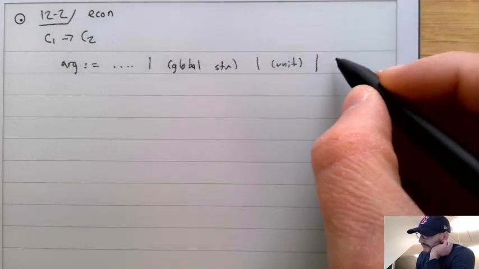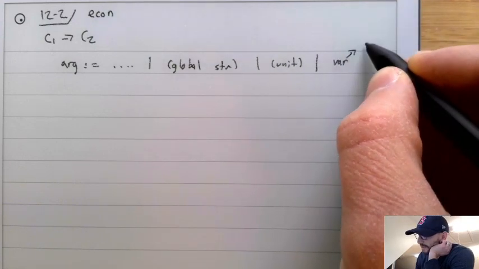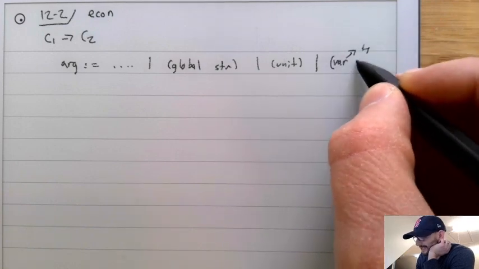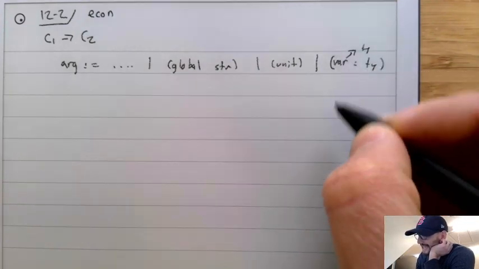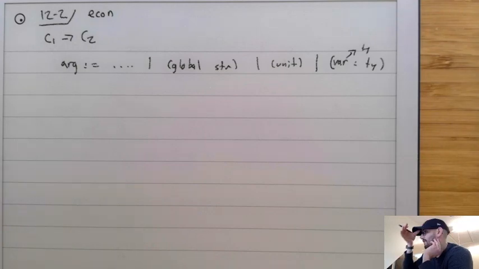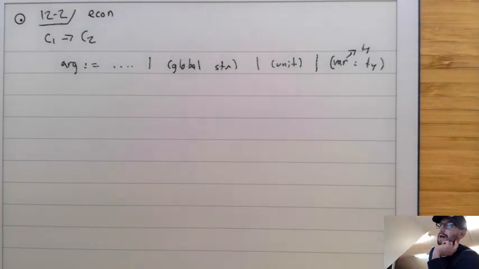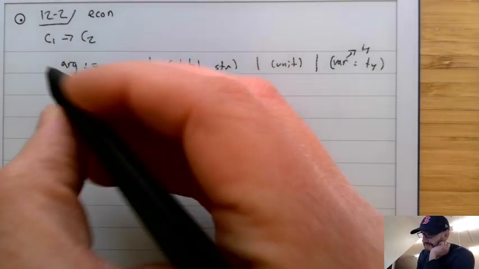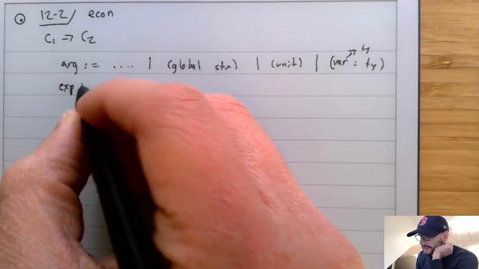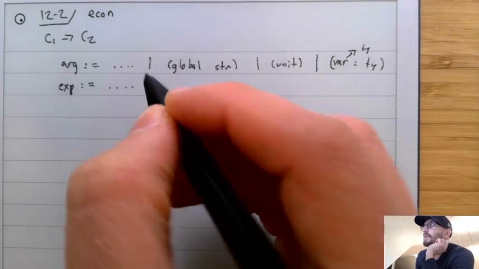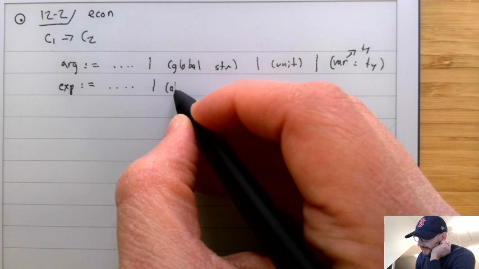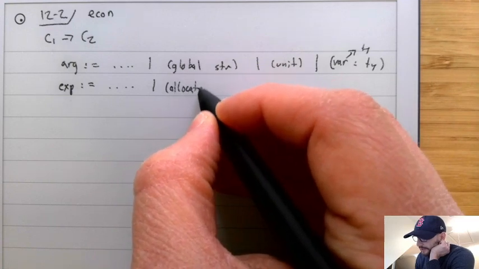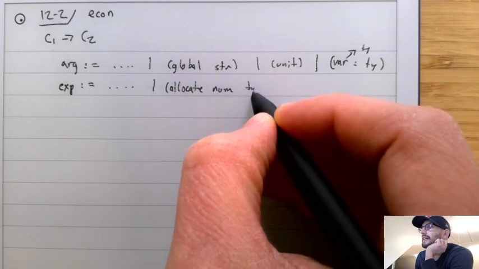Every time you have a variable, you have to be able to figure out what its type is. Either they're explicitly annotated, or there's a background function you can call. You can go look at this mapping and figure out what the type is. Expressions are modified in the following way. There's a new allocate expression, which takes a number and a type.